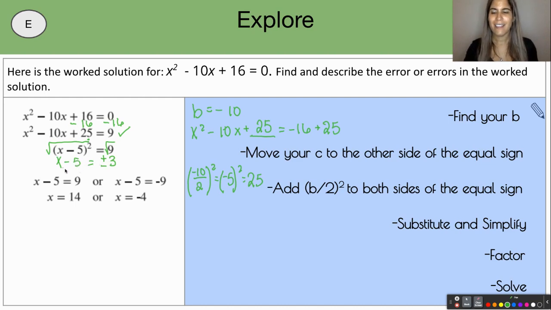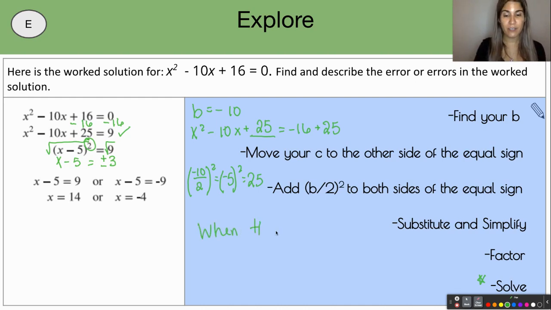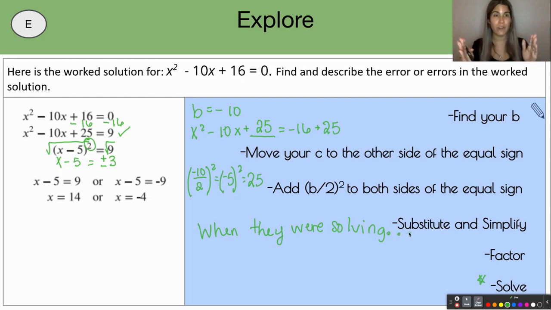Therefore, the mistake was that when they were solving, they forgot to do the inverse of something squared. So I can then state when they were solving, because that's the step that they were at, they forgot to find the square root of 9 to be able to fully simplify.